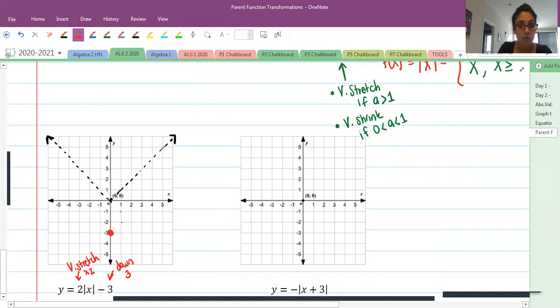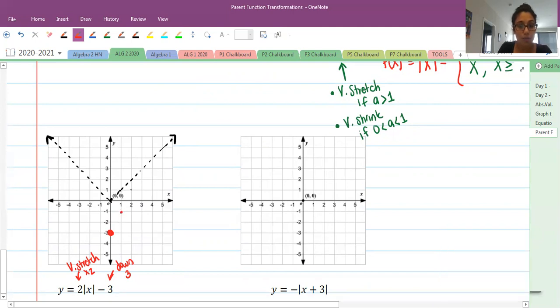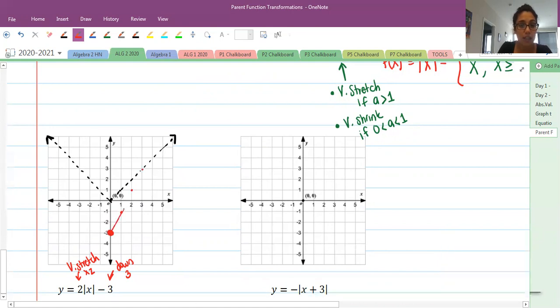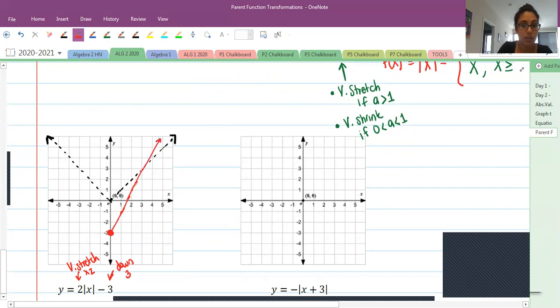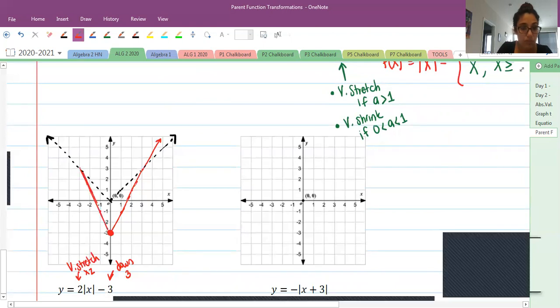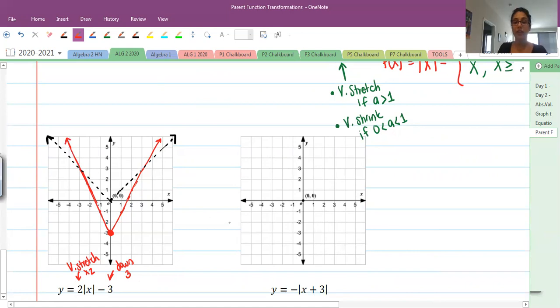So up 2 over 1. Again, an absolute value function is just 2 lines together. And then there's our function. Then we reflect it. There you go.